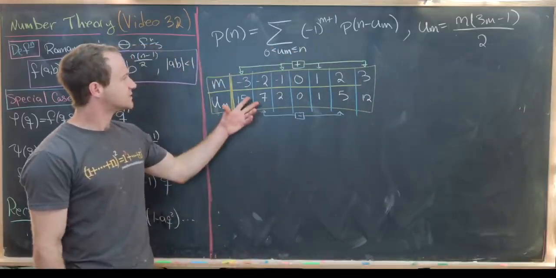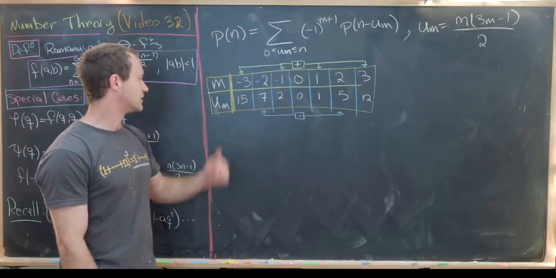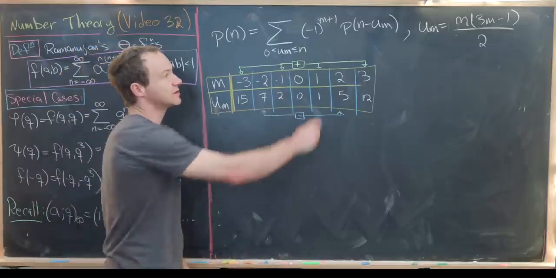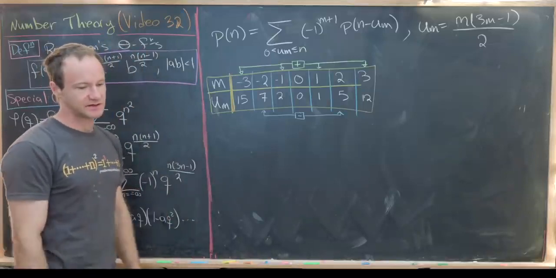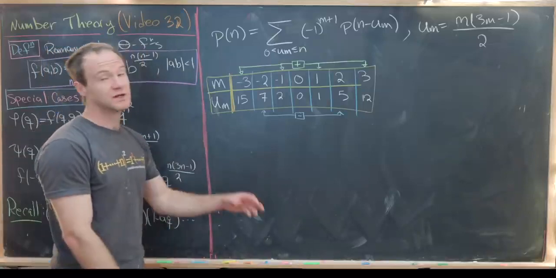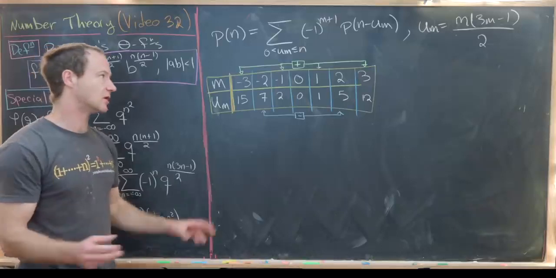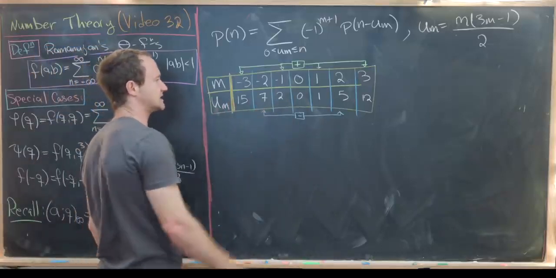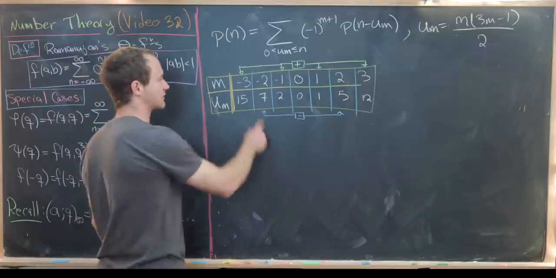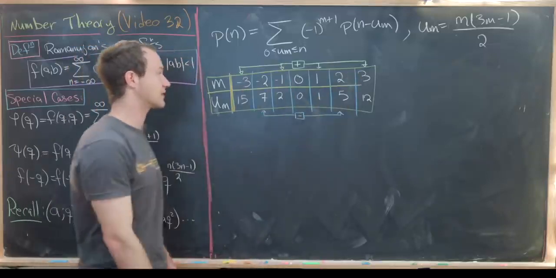Okay, so now let's look at this chart of values of u sub m. Notice that m can run over integers. That's built off of the series expansion that we had before. So not just positive integers, but all integers. That means if we make a chart of values of m, we need positive and negative integers. So I've made a chart from minus 3 up to 3.